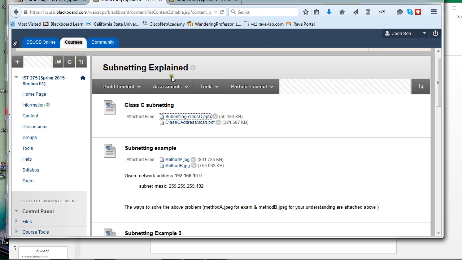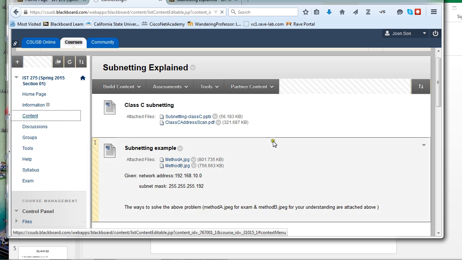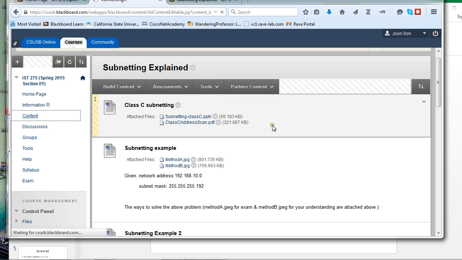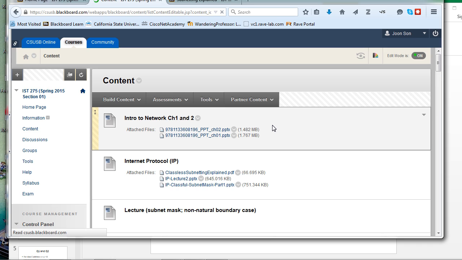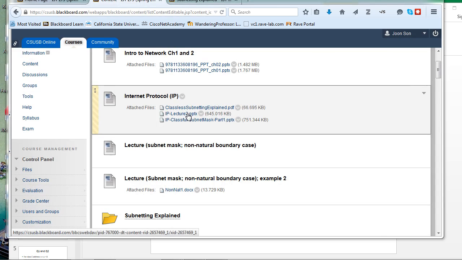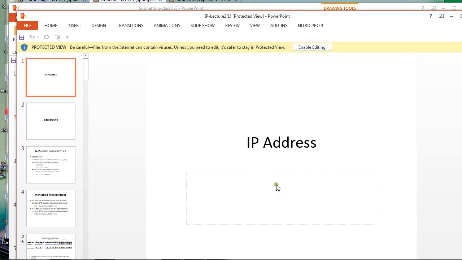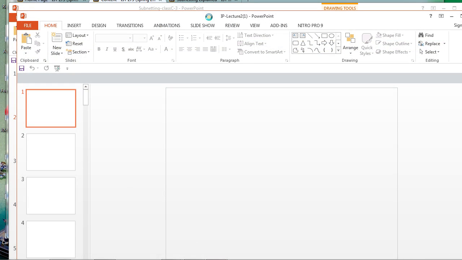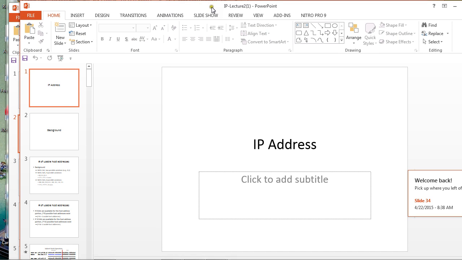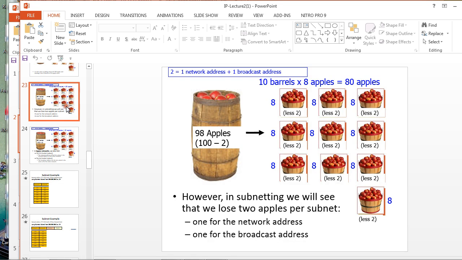Let's briefly review what we learned last time. The idea of subnetting is that we're dividing a network into many different pieces of subnets.